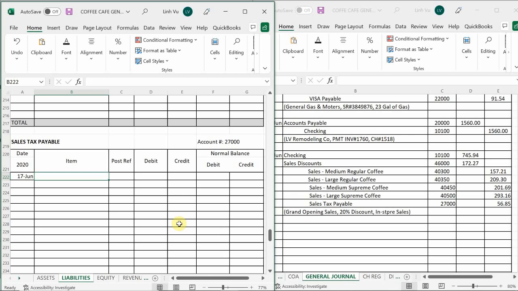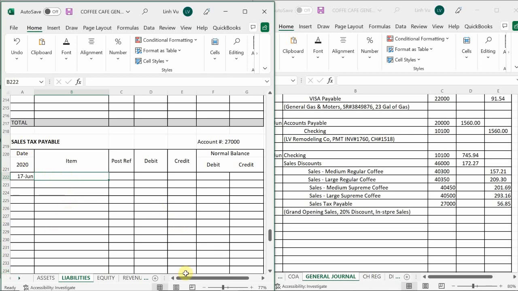Now, why do we have to charge sales tax? Because it's earned income. Yeah, we do retail. Yes, we are officially in store.